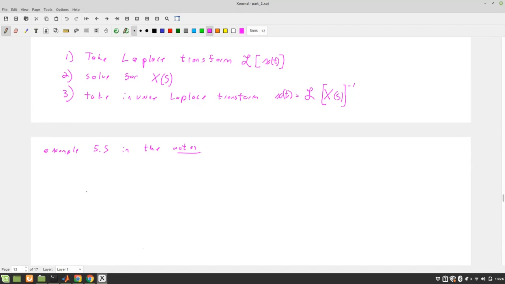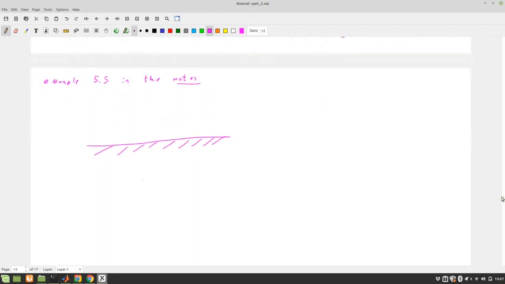So let's have mass 1. Let's define a kind of a nice flat line. And let's drop damping. Damping's hard for right now.